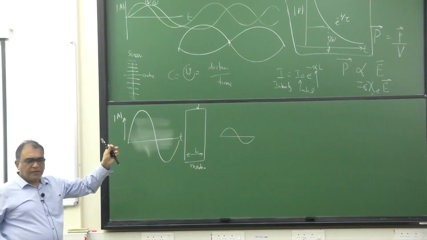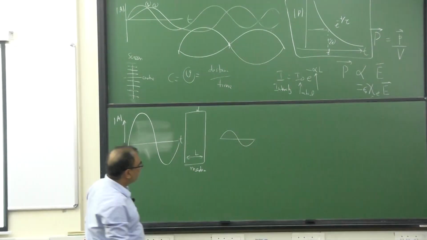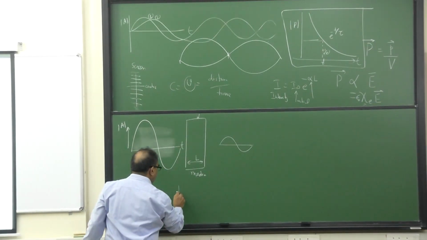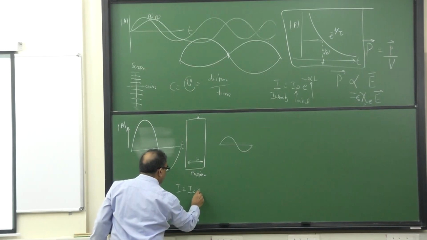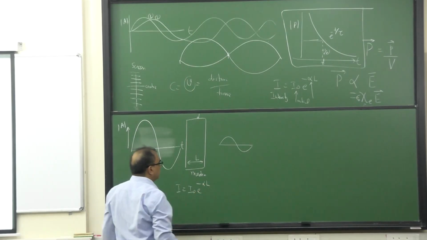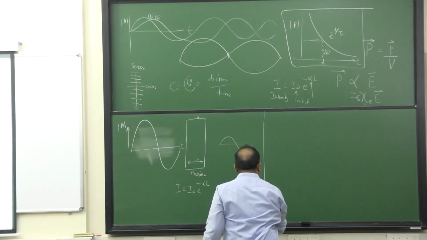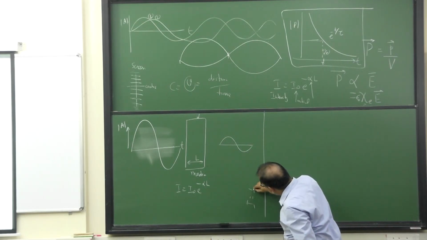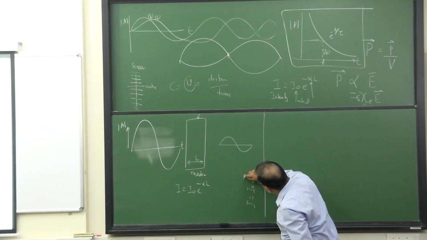Now if I change the equation: this is the equation when I = I0 e^(-αL). Suppose I have the equation I = I0 e^(+αL).